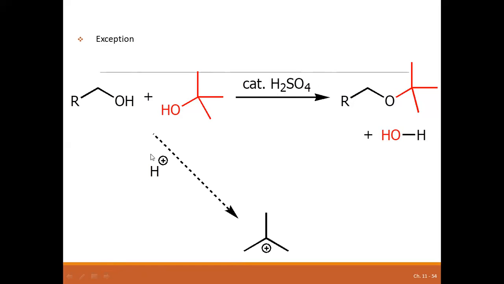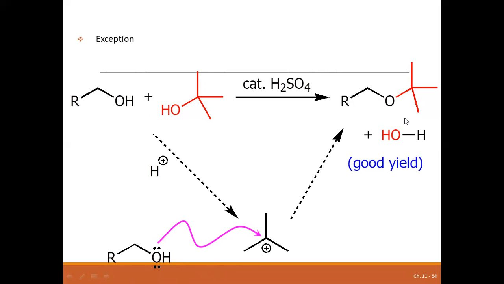Alternatively, you can protonate this one to have your tertiary carbocation. Once you have your carbocation, you can have your alcohol attacking your carbocation to form an oxygen-carbon bond. The first step is the formation of the carbocation, which gives a good yield of ether.